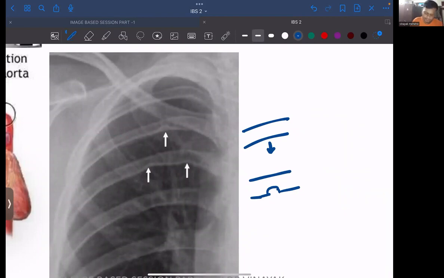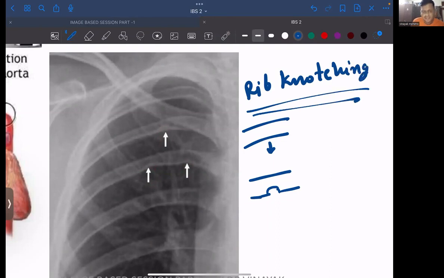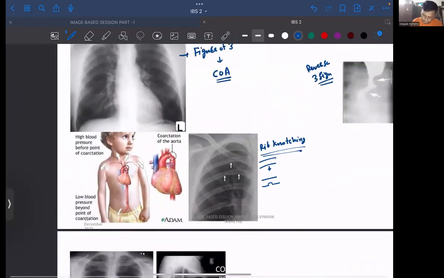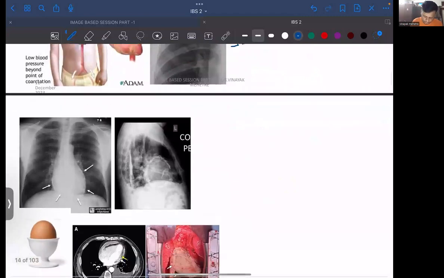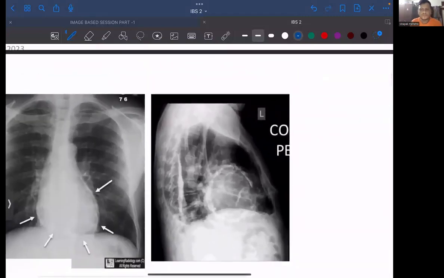Take a look. It is called rib notching. What is this?